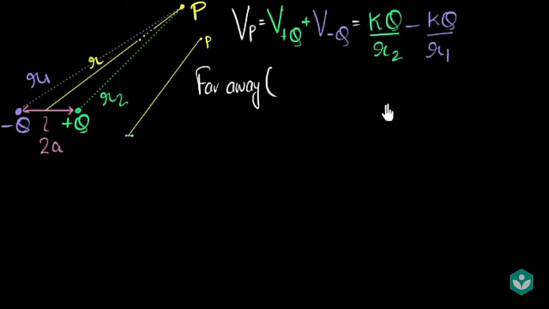We are calculating this far away, and what does that mean? That the distance r is way bigger than the distance 2a.